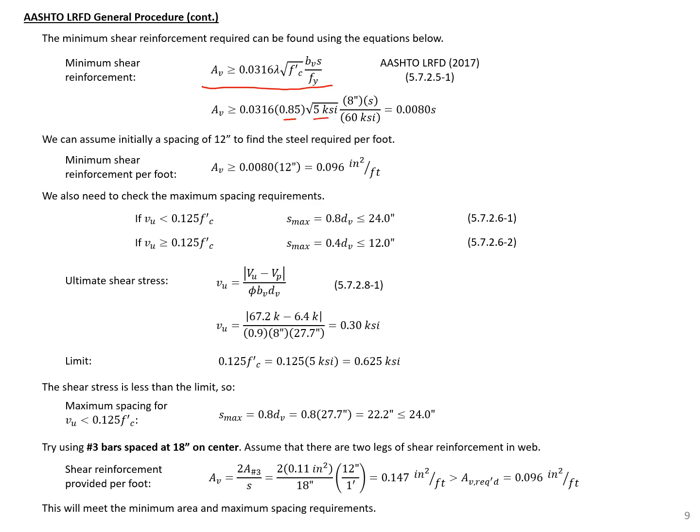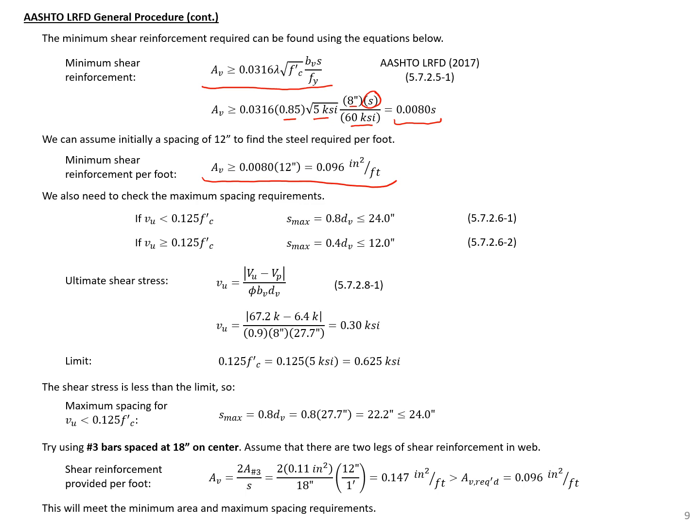We know our web width is 8 inches and our transverse reinforcement has a yield strength of 60 KSI. We don't know our spacing, so we can solve this AV in terms of S. We can then take this times 12 inches to get our minimum shear reinforcement per foot. So our minimum shear reinforcement per foot is 0.096 inches squared per foot.